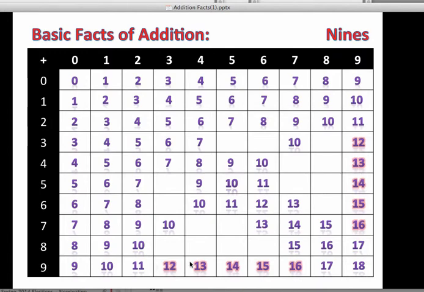Or 9 plus 4, that's just 1 less than 10 plus 4. They're not simple, they're not easy. I'm not going to lead you to believe that there's going to be no troubles teaching these. But in order of easy to not so easy, nines are probably next.